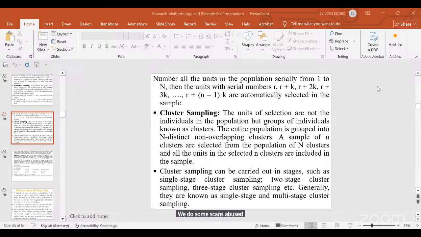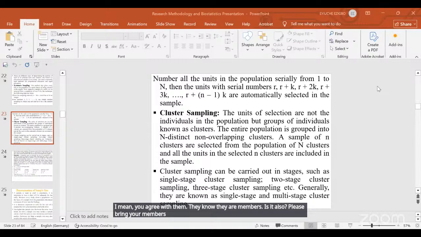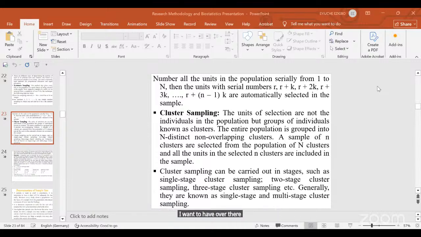And you talk to them. They know their members. Is it not so? You ask them, please bring your members, I want to have 100 of them. Then they go to the various groups and help invite their members. This kind of research is sensitive, and you will need to address the participants seriously for them to agree to be in the study.